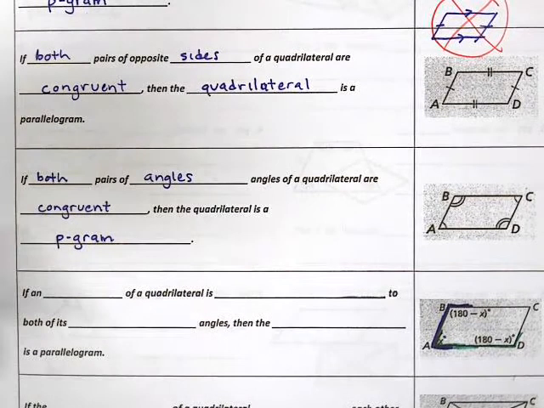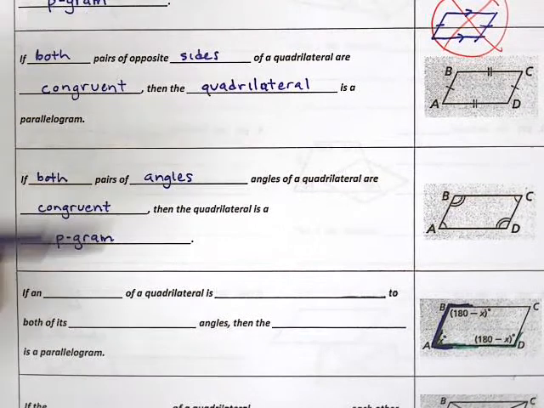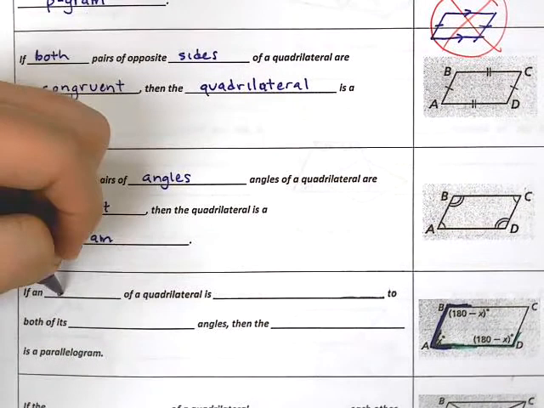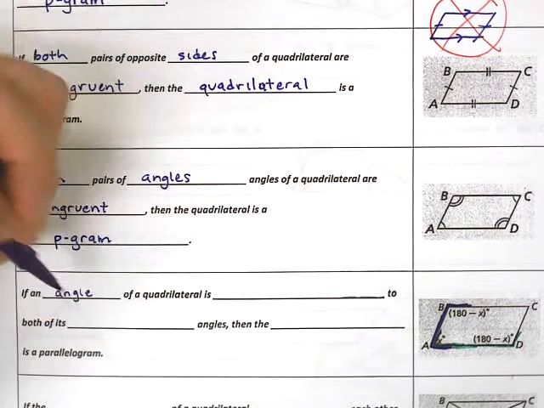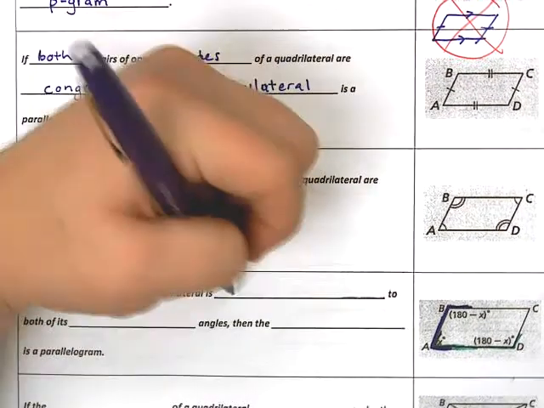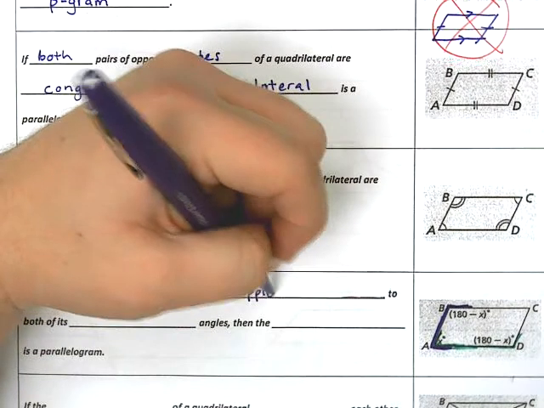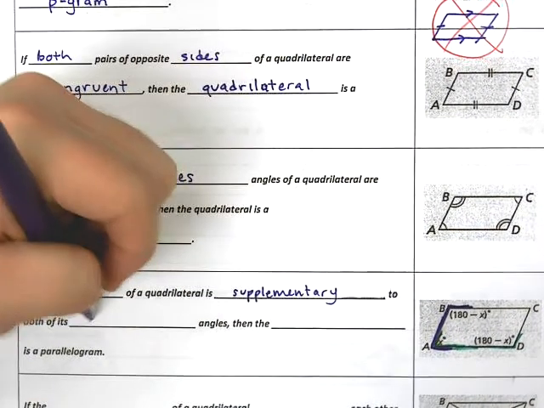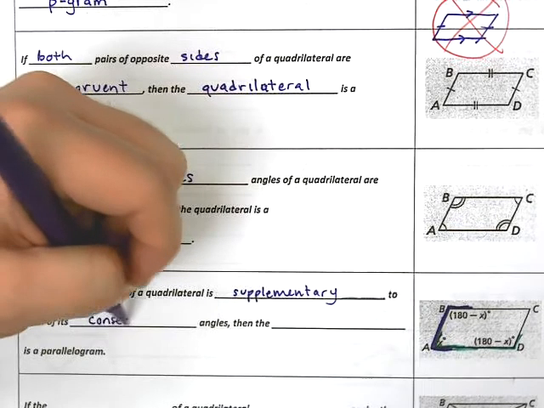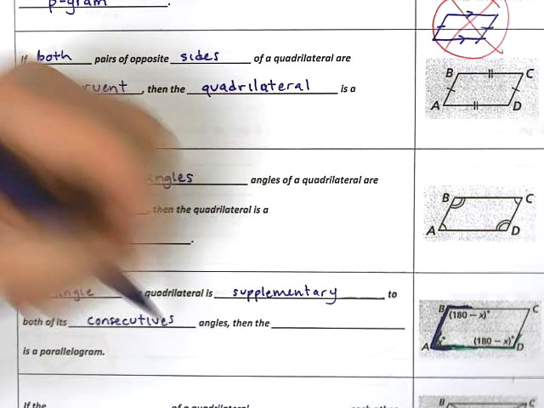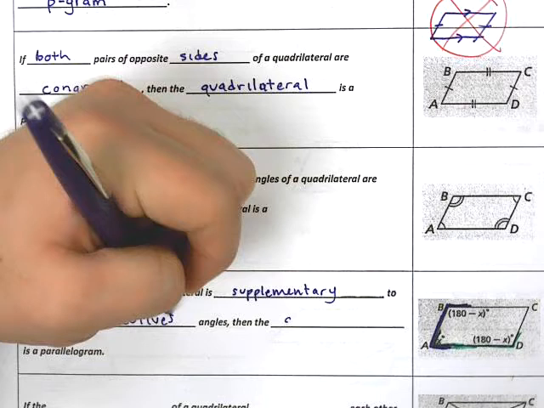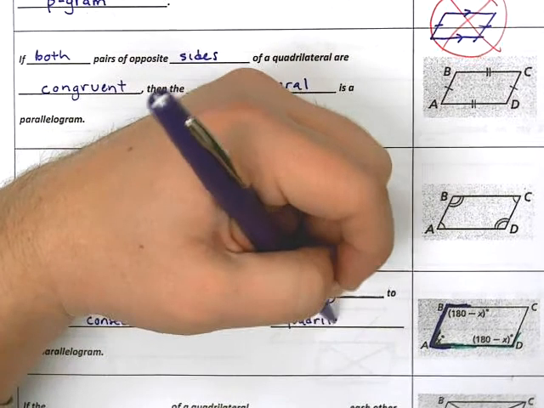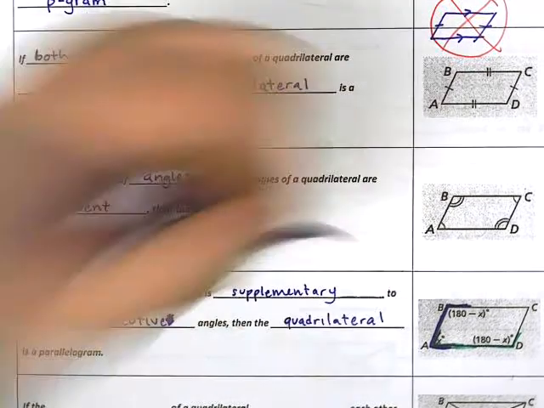So the trick to think about this one is you look at one angle. Alright? So you look at one angle. And then if it is supplementary to both of its consecutive angles, then the quadrilateral is a parallelogram.